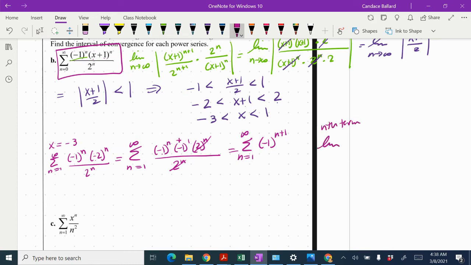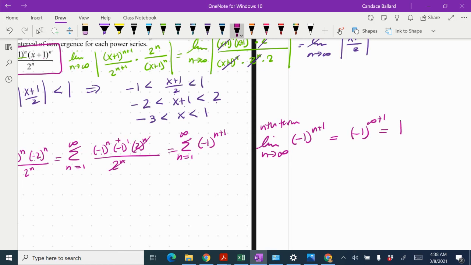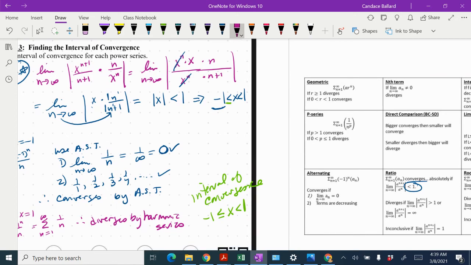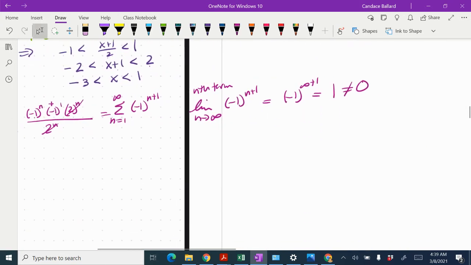The limit as n approaches infinity of negative 1 to the n plus 1 would be something along the lines of 1 or negative 1. All I know is it wouldn't be 0. On the nth term test, as long as it is not equal to 0, we know that it diverges. So therefore it diverges by the nth term test.